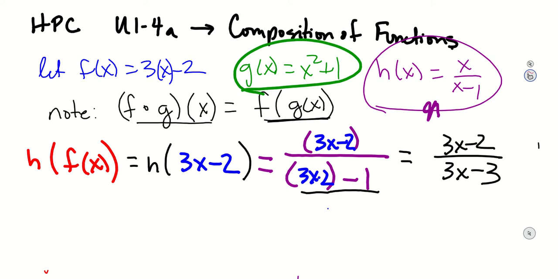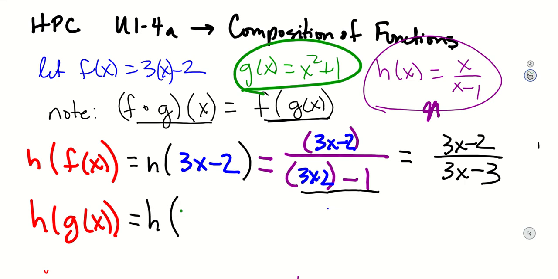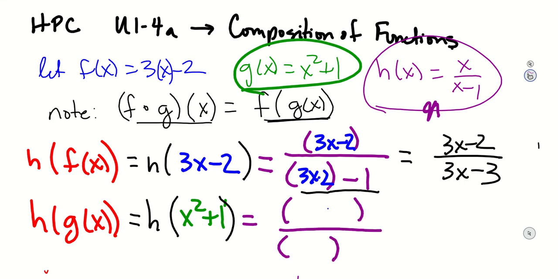Almost done. Let's take a next example. Let's do h of g of x, which is h of g, which is x squared plus 1. Our h function, again, will be our input over our input minus 1.